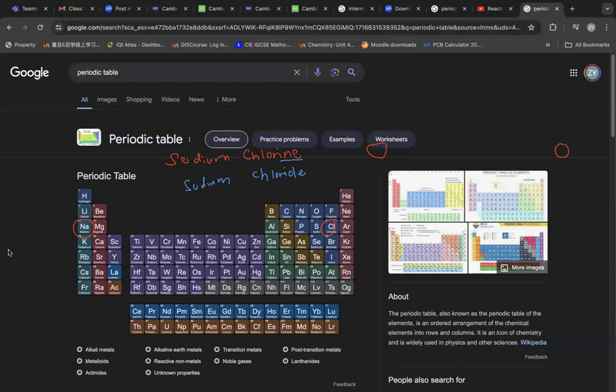Okay. I give you another one, then you tell me the name. If I combine lithium with fluorine, what will be the name of the compound? The one in green color. If I combine lithium with fluorine, what will be the name?